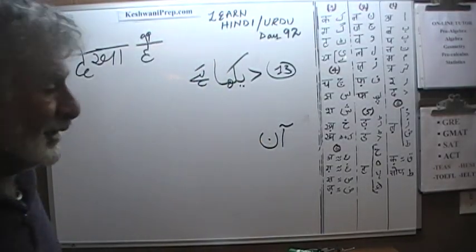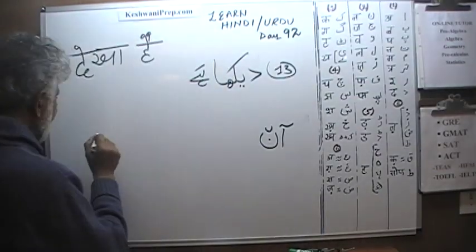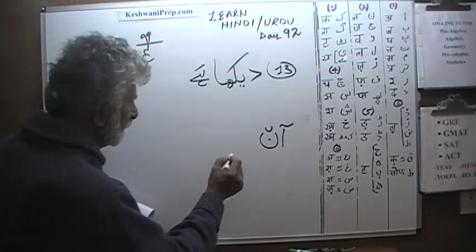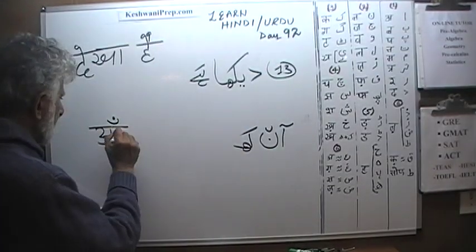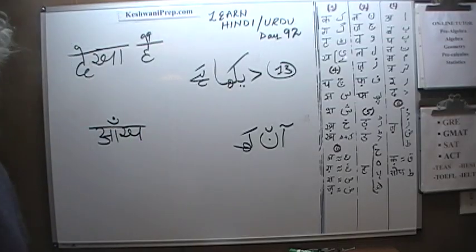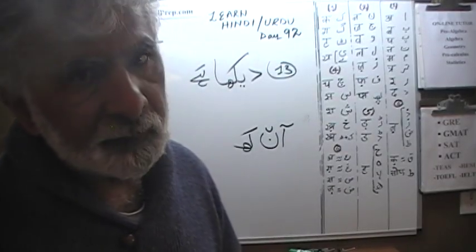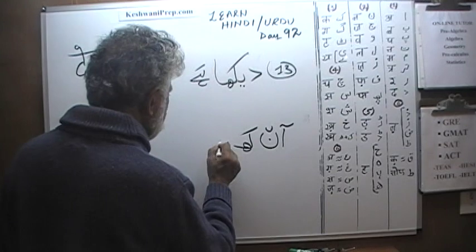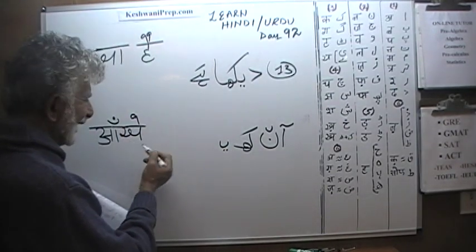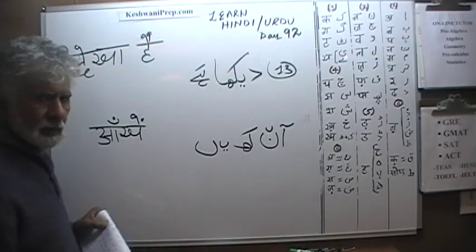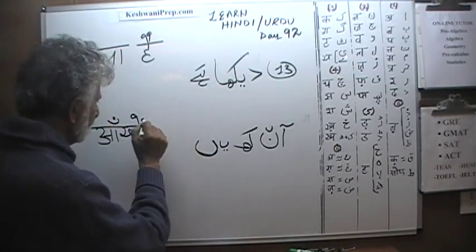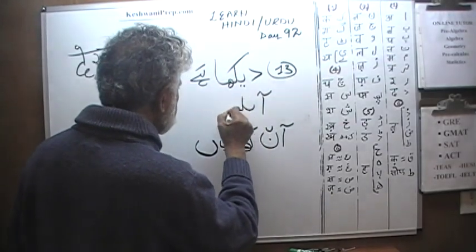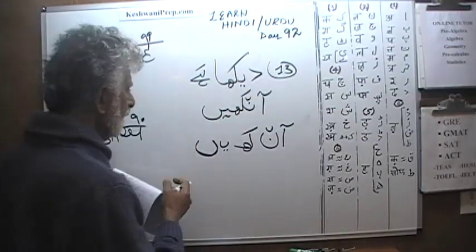We don't need आना, we need आ, and then a kh. Now that reads ankh as in eye. Except we don't need ankh, we need more than one, we need two of them. Ankhen. We don't need ankhe, we need ankhen. This nun guna in Urdu is what you see, the dot here. Let's put it together: देखा है आंखें.